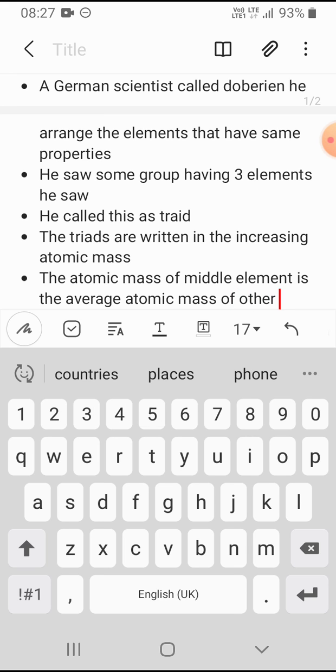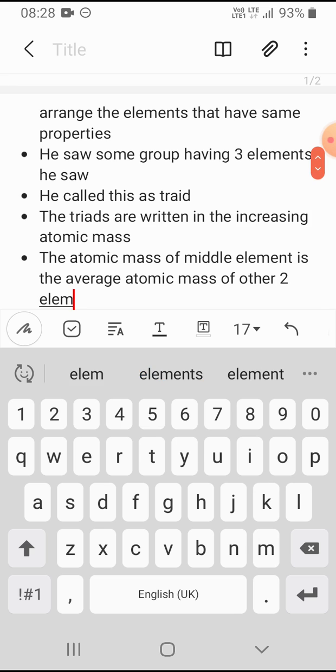As I said, there will be three elements. If we take the average atomic mass of the first and last elements, then we will get the atomic mass of the middle element.